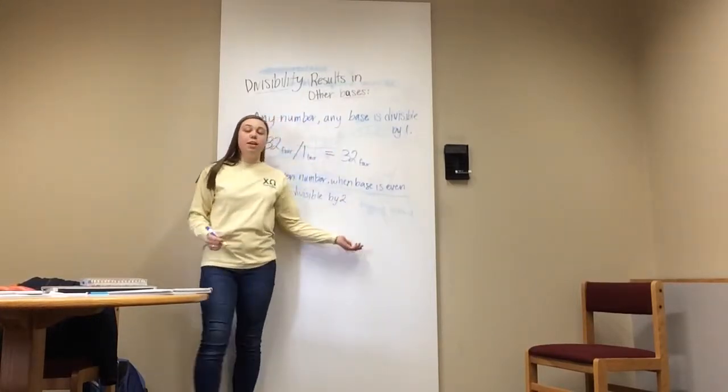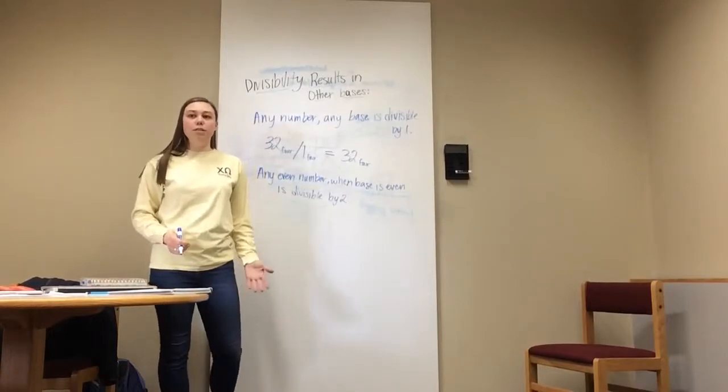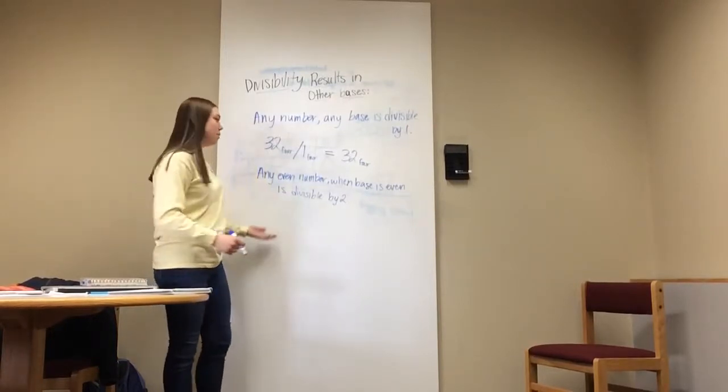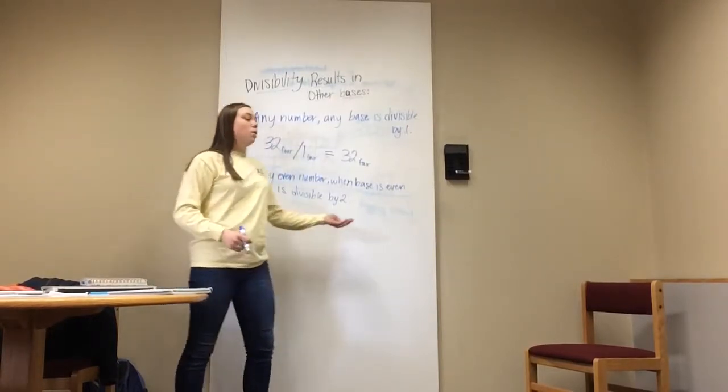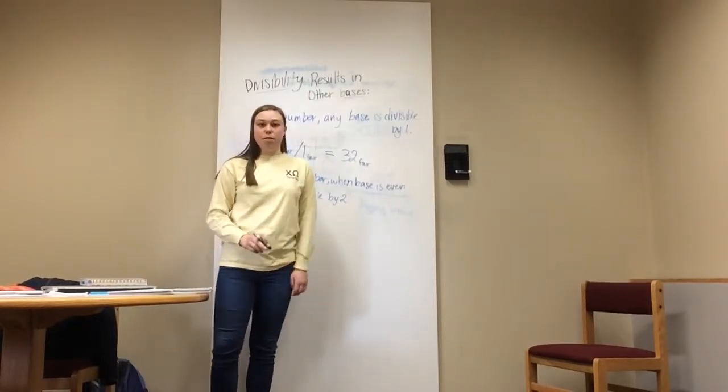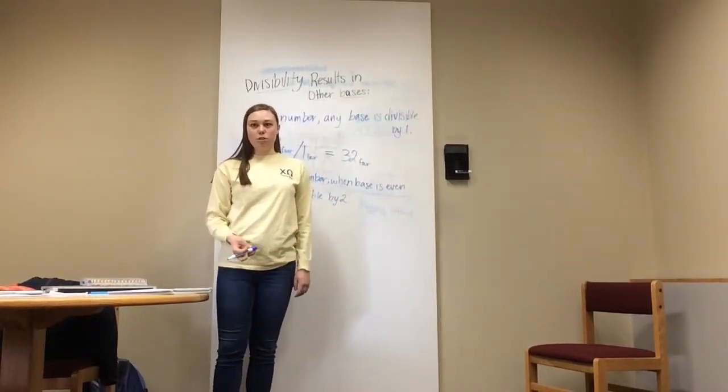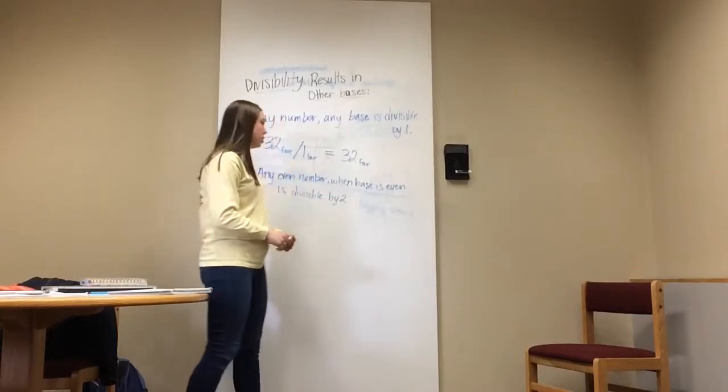And we see this in base 10 because base 10 is an even base. We know that all even numbers in base 10 are also going to be divisible by 2.